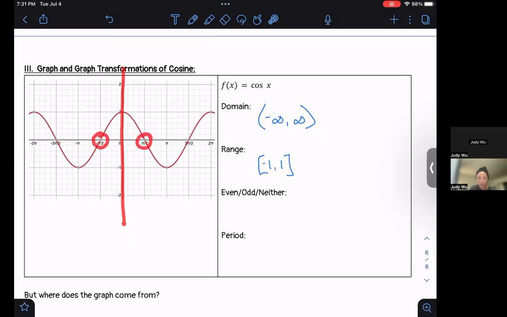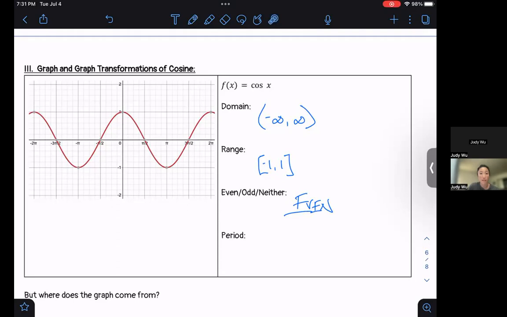This point and this point match. This point and this point match. This point and this point match. And so what we have here is that cosine is an even function, okay? So sine is odd, but cosine is even.